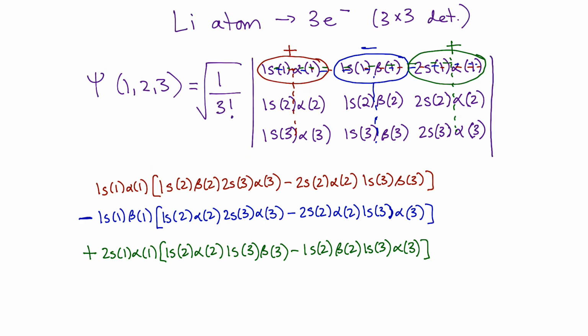So we would leave that to our computers at that point. But again, hopefully you can see that by using the secular determinant method, you can create a wave function that essentially accounts for every option, every spatial and spin orbital wave function option for your electron.